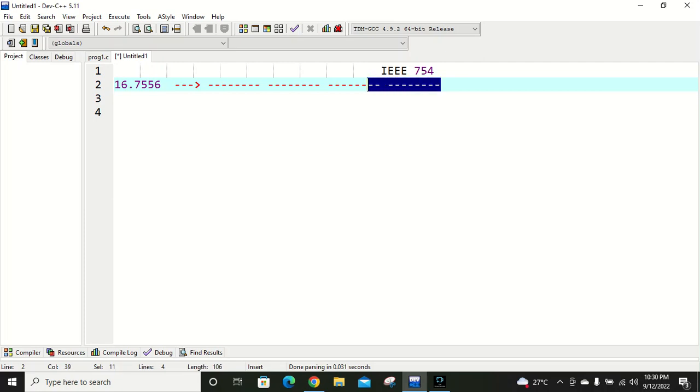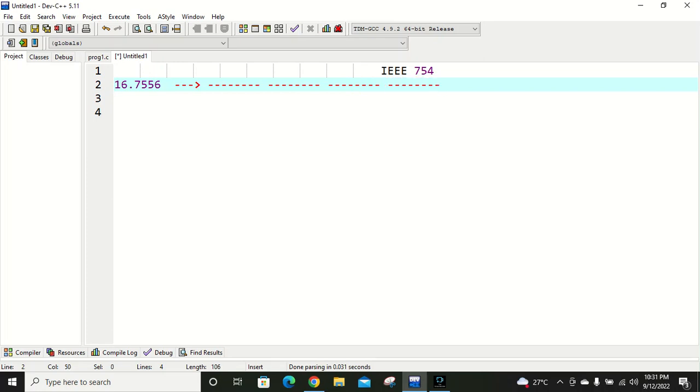So we will see in this video, if I write the number 16.7556 in this representation, what are these first 8 bits, and what are the next 8 bits?